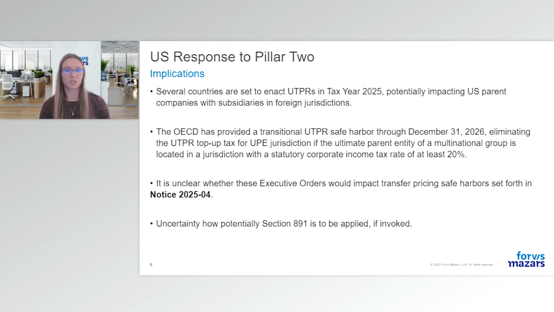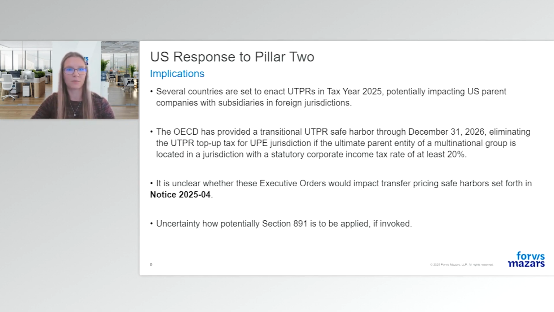The IRS suggested that they were intending to issue proposed regulations in line with the OECD's Pillar 1 guidance. However, to Justin's point, we do have the regulatory freeze in place, so it's pretty unlikely that this guidance will be forthcoming in the near future. So I think that's a pretty good overview of where we are today in light of last week's events.